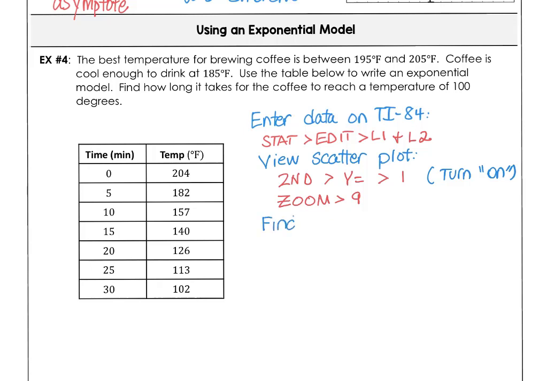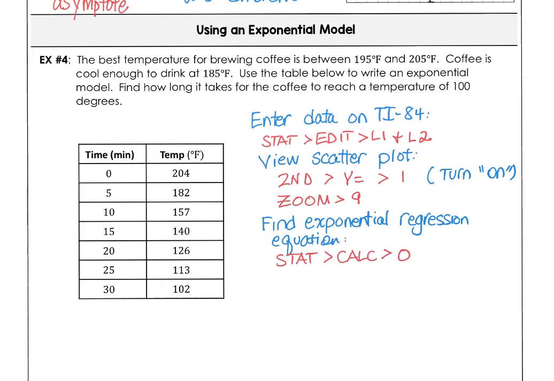Next, you can find the exponential regression equation. So we want to find exponential regression. And we're going to let the calculator write that equation for us. And the way to get that exponential regression equation is to hit the stat button, the calculate button or choice, and then the number 0.